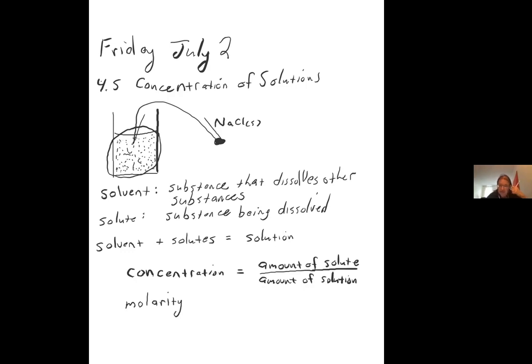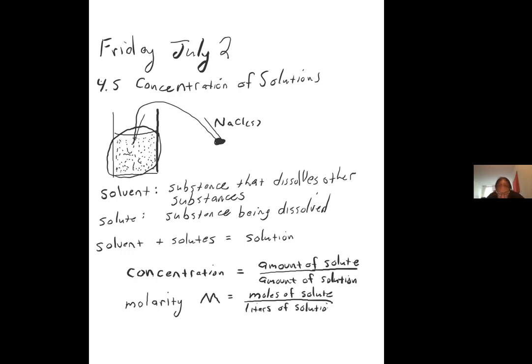You would pronounce it kind of like density, molarity. The abbreviation for it is a capital M, not a lowercase m, but an uppercase M. And this is defined as the moles of the solute divided by the volume, the liters of solution.